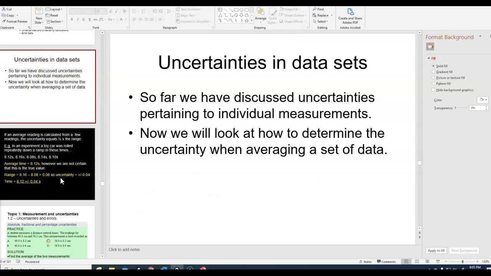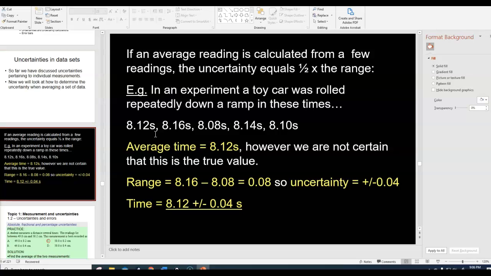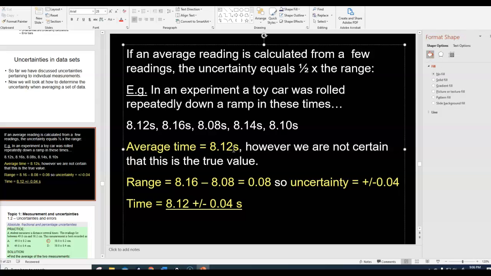Okay, but just to go back to the rolling a car down a ramp example, we have 5 different times here, and if we average these 5 different times, we get 8.12 seconds. To find the uncertainty in that average value, we apply the half-range method. We take the highest value, which is 8.16, minus the lowest value, which is 8.08.